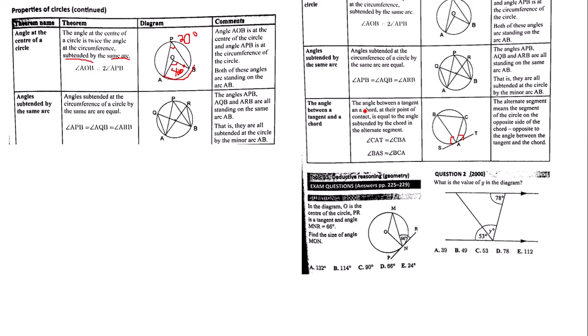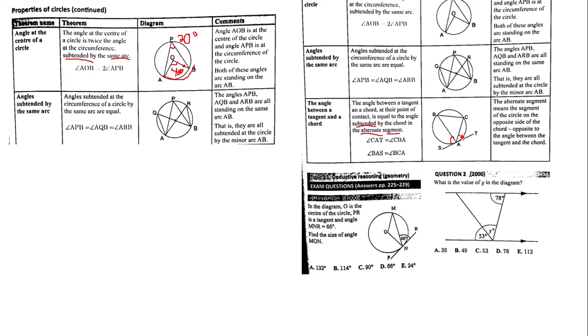The angle between a tangent and a chord at their point of contact right here is equal to the angle subtended, held up by the chord in the alternate, which means opposite, segment. Let's go over it again.